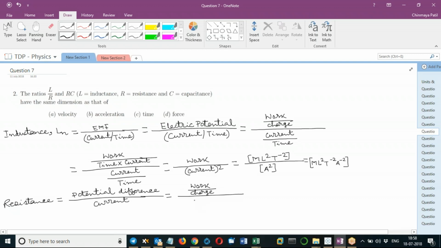Current, let us keep as current. Work divided by charge is work divided by time into current, divided by current. So this is nothing but work by time into current square.